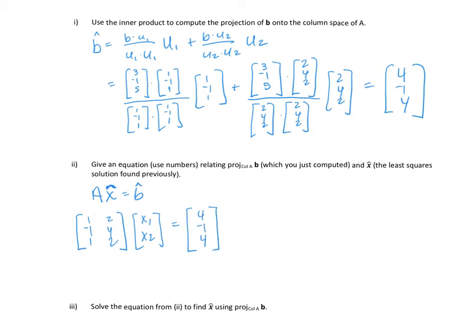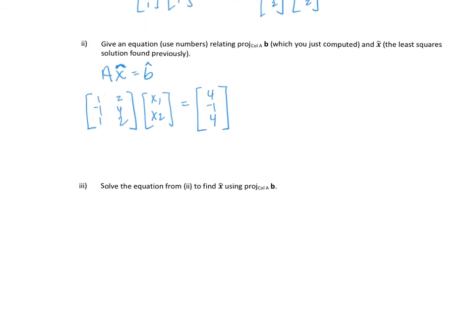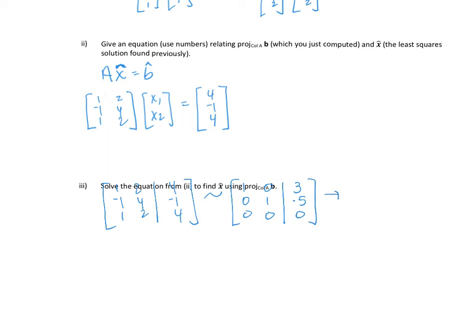Okay, we can solve this by row reducing, augment with 4, -1, 4. And we row reduce, and we get 1, 0, 0, 0, 1, 0, and 3, 0.5, 0. So this says x1 equals 3 and x2 equals 0.5. So there's my x hat.